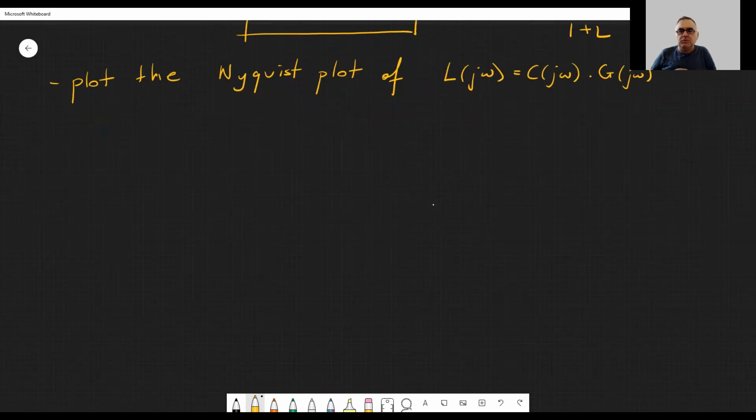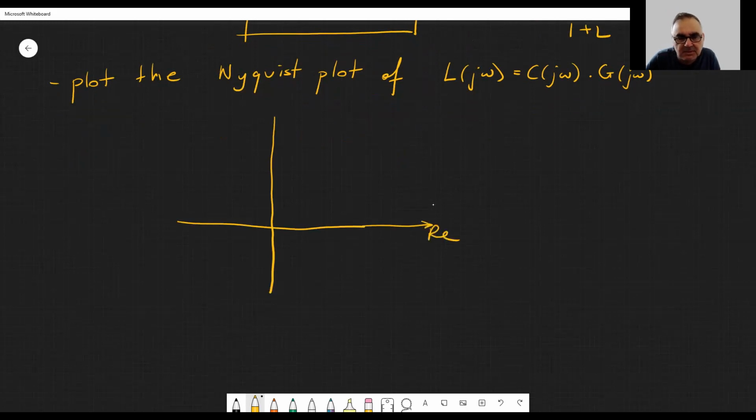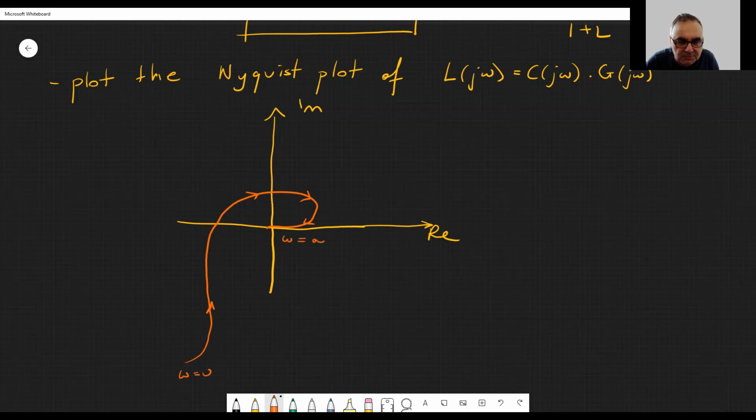It involves both the controller and the plant. So you plot it. This is the real, this is the imaginary axis. Your plot is going to be something like this, starting at omega equals 0 and ending at omega equals infinity. Now there is a very critical point: this -1 point.